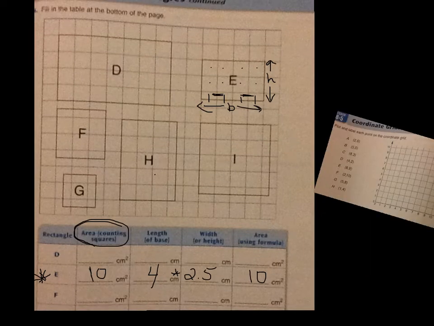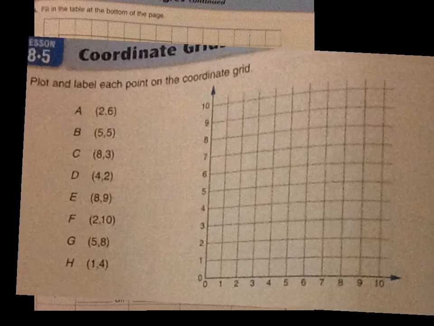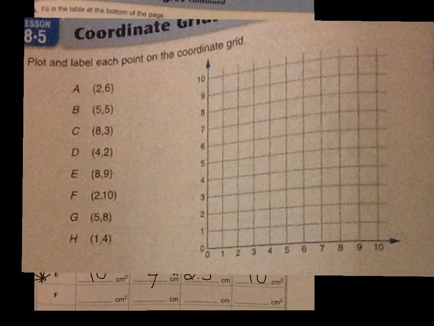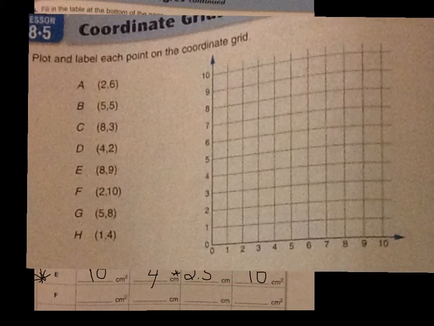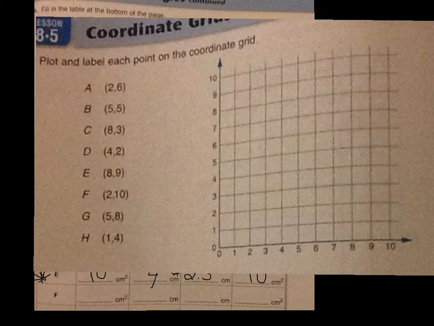And lastly, before I send you off to do your work on your own, I want to go over a quick reminder of coordinate grids because we have some of that work today. Remember that the first number in the ordered pair is the number that you have to go over, and then the second number in the ordered pair you have to go up. So this first ordered pair for the letter A is 2, 6.